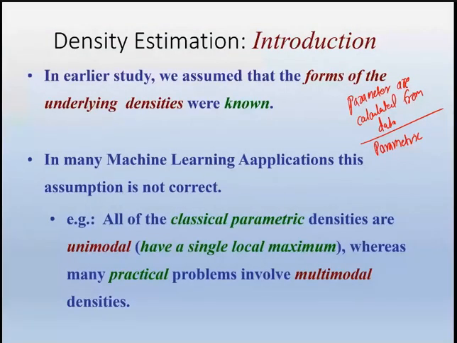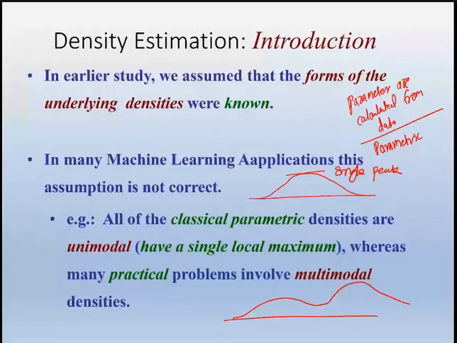Now, for example, suppose I take a multi-modal density. That means there are many peaks in my data. Unimodal means I take a normal distribution curve where there is only a single peak. Suppose I have a data distribution something like this.